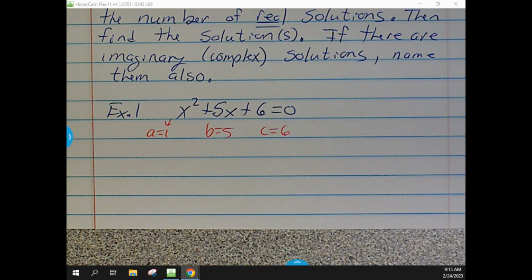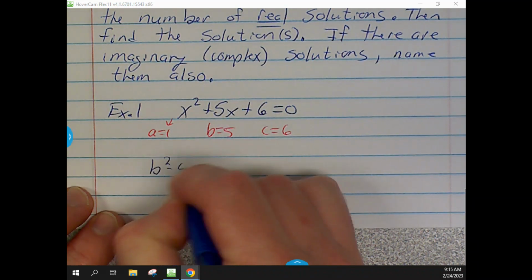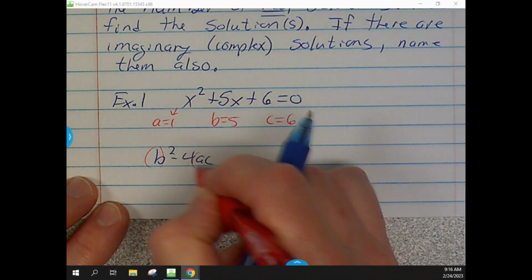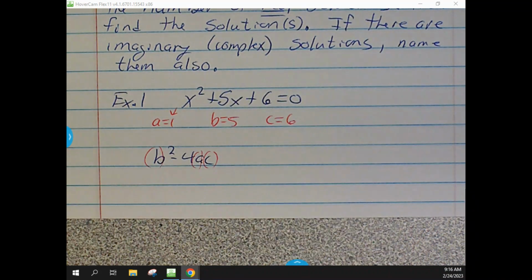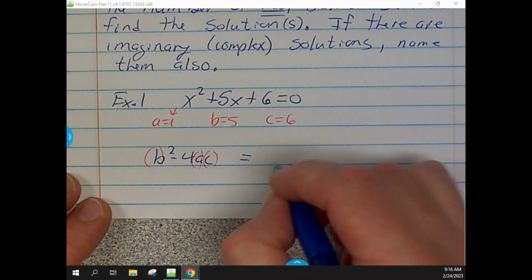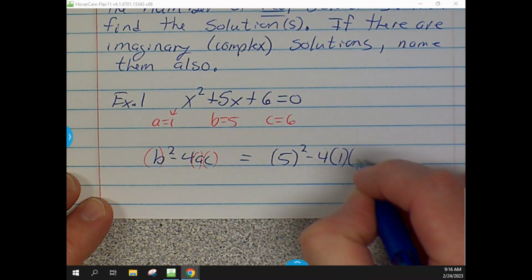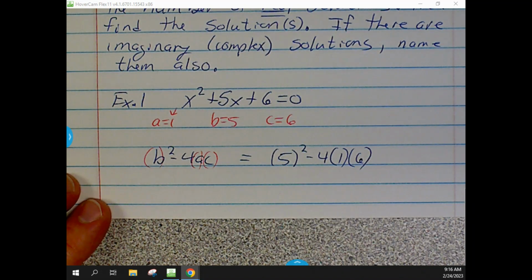So when you go discriminant in this case, you've got B squared minus 4AC. When you plug in these numbers, put the numbers A, B, and C in parentheses, because if you do that, it should take care of like 90% of any questions you have on this. So our B is 5 squared minus 4 times A times C.